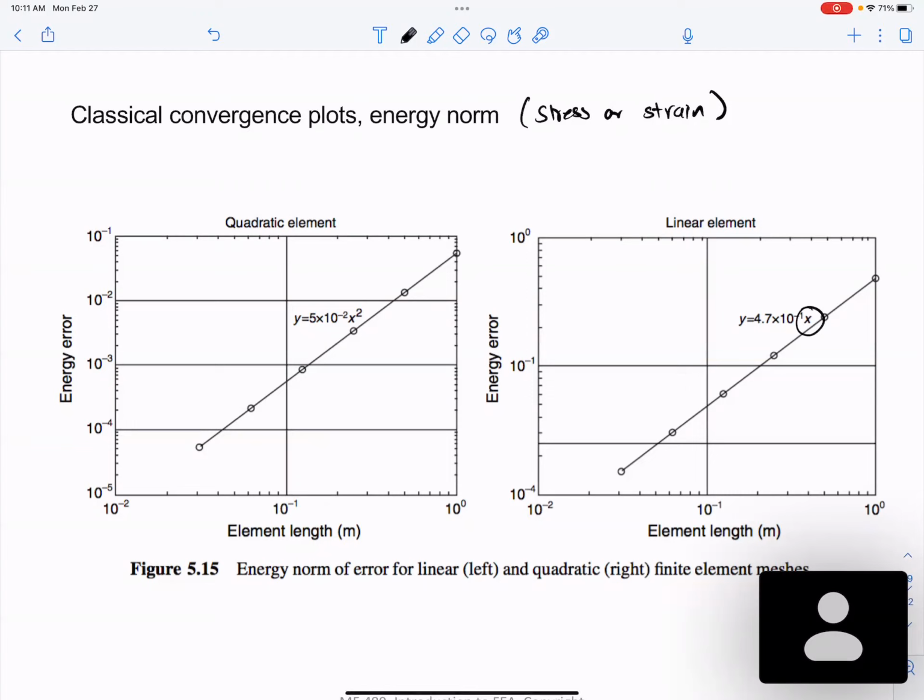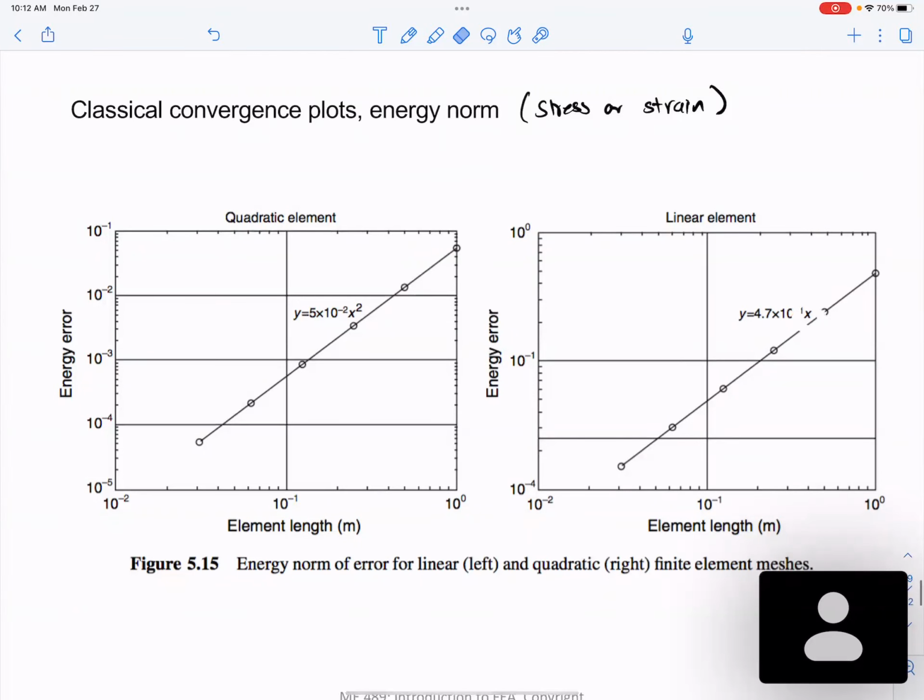If you have linear elements, then you only get linear improvement on the stresses. That means that if you decrease your element size by half, you get 4 times the accuracy on the displacement, but you only get 2 times the accuracy on the stresses. So that's what this exponent means for the linear elements.